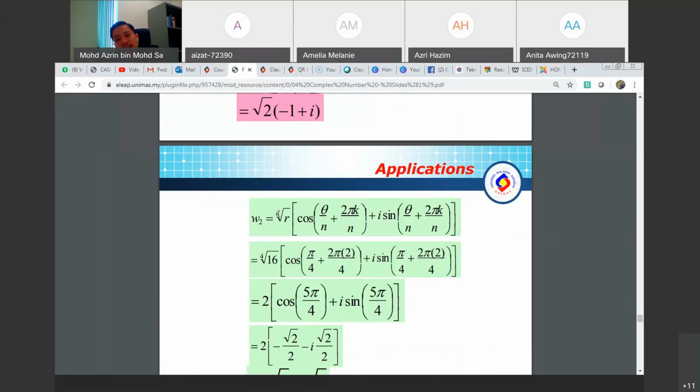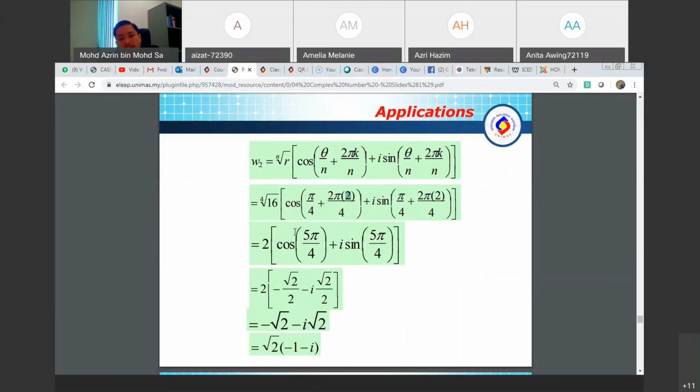W2, N adalah 4, R adalah 16. So masukkan nilai N 4, R 16. And then nilai K here adalah W2, so 2 tadi masukkan dalam K here. So 2 darab 2, you dapat 4. 4 pi over 4 tambah dengan pi over 4, you dapat 5 pi over 4. Same goes to this part.